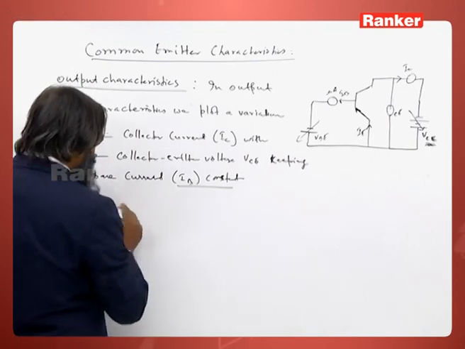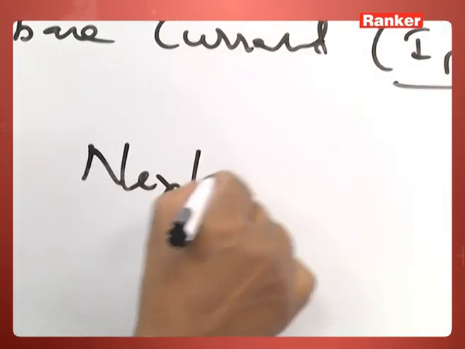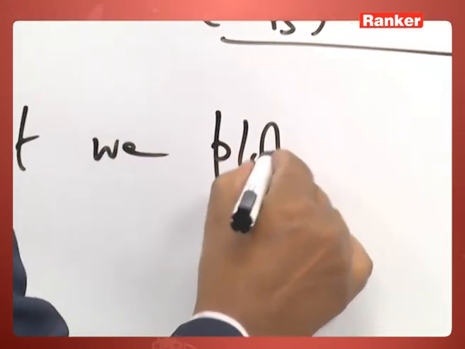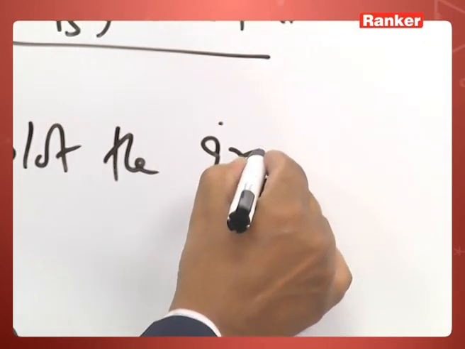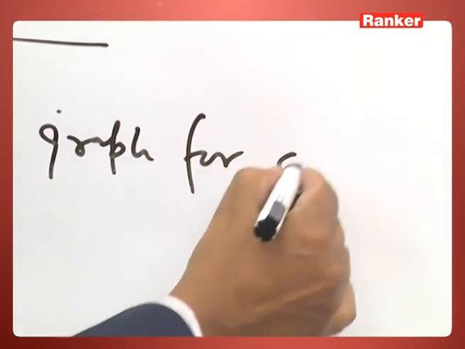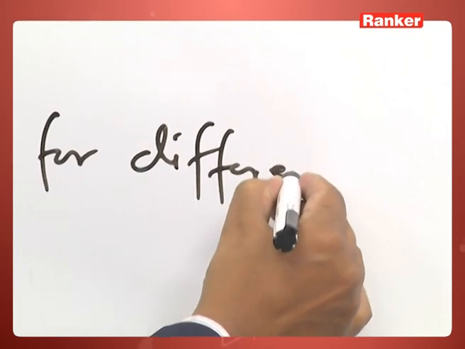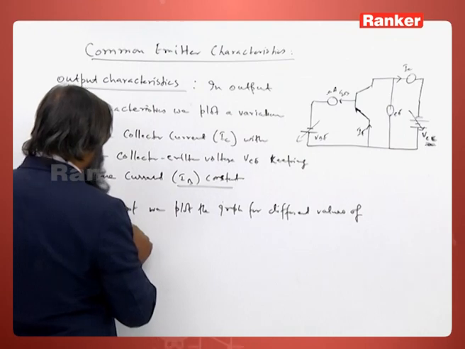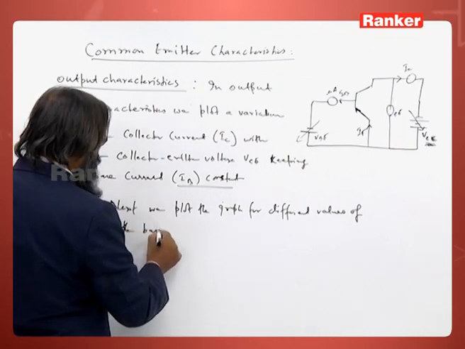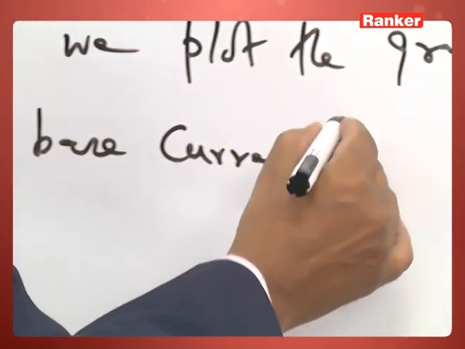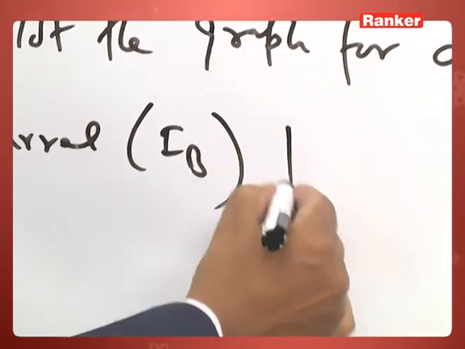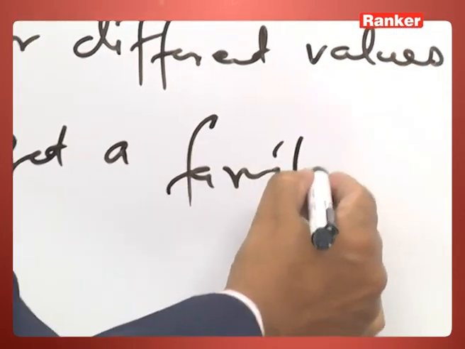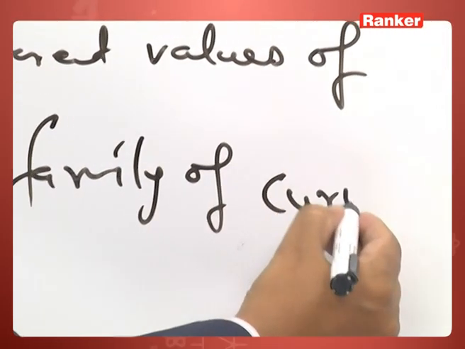Next, we plot the graph for different values of the base current IB to get a family of curves.